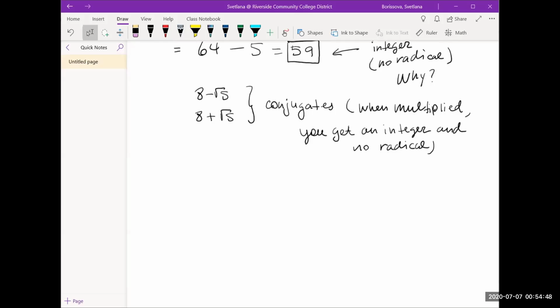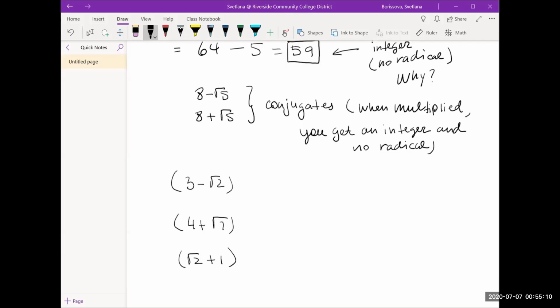So if I give you a few expressions, let's say 3 minus square root of 2, and I want you to think about conjugates. What if I give you 4 plus square root of 7, and maybe square root of 2 plus 1. Okay, so we'll do one at a time.